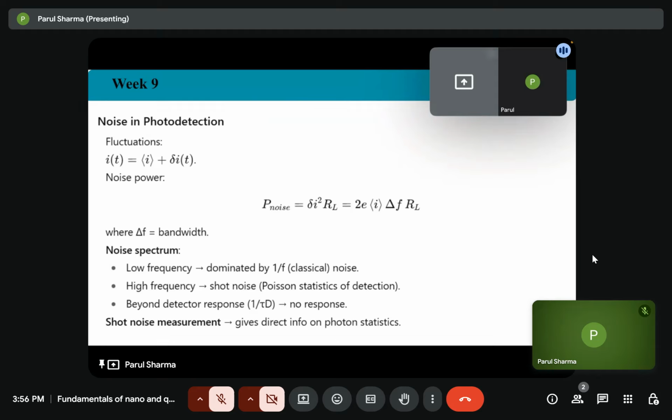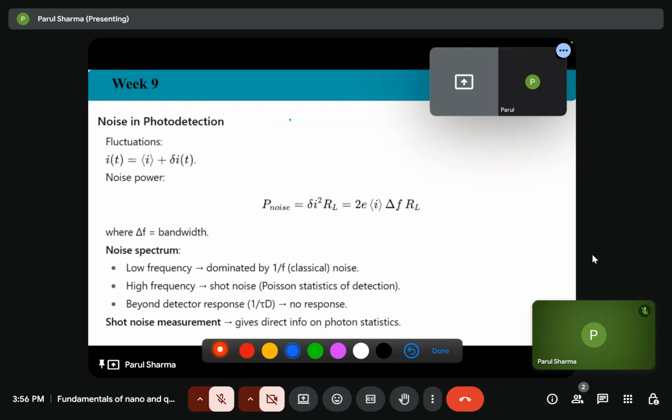Suppose I_T is equal to I plus delta I_T, or you can write I_T. Okay. So these are the fluctuations.